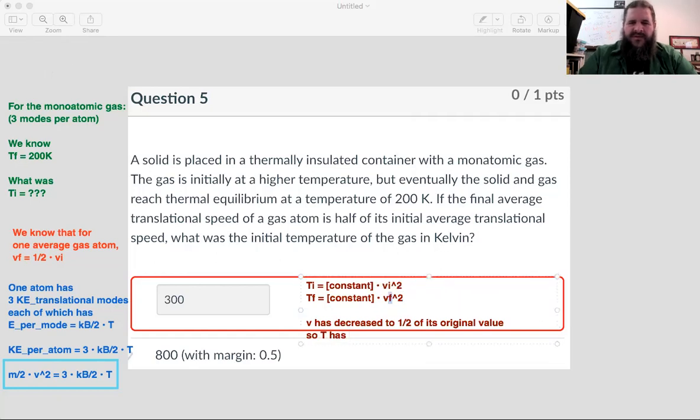So if we replace V final with 1/2 times V initial, we're squaring 1/2 times V initial. The V initial gets squared, but the 1/2 also gets squared. And what do you get when you square 1/2? 1/4. Right. So that means the final temperature will be 1/4 of the original temperature.